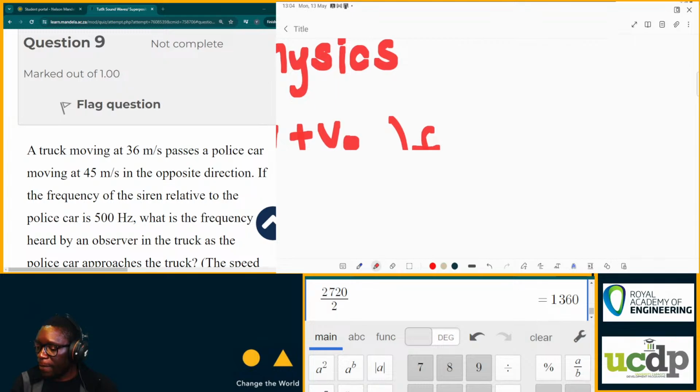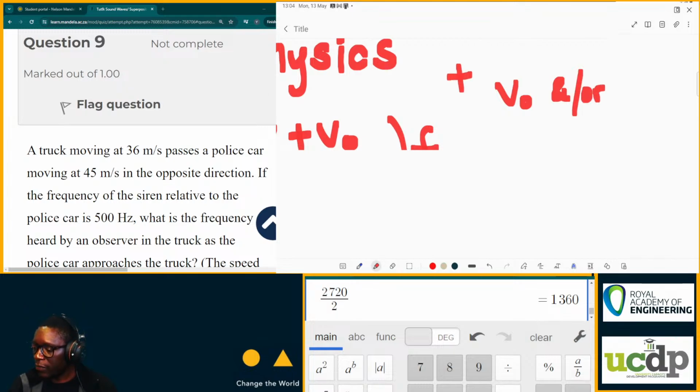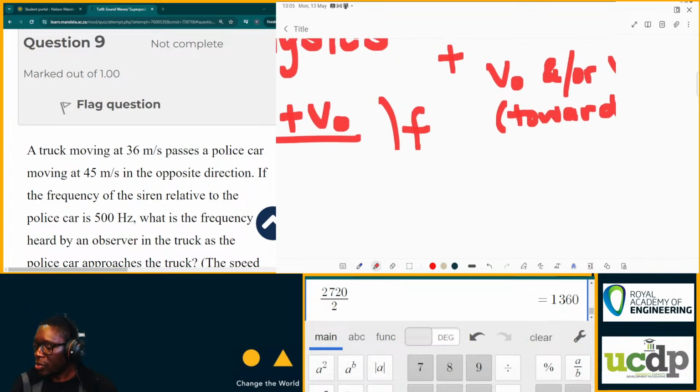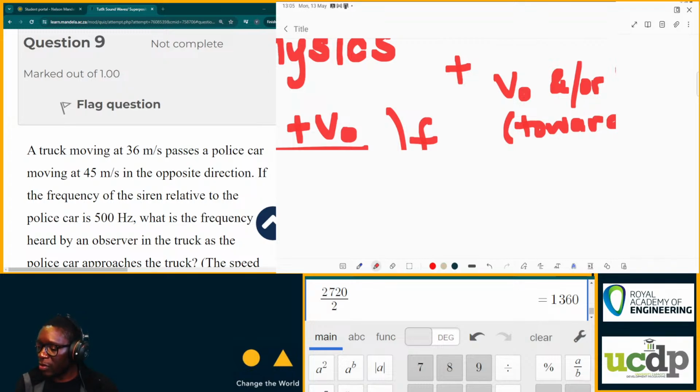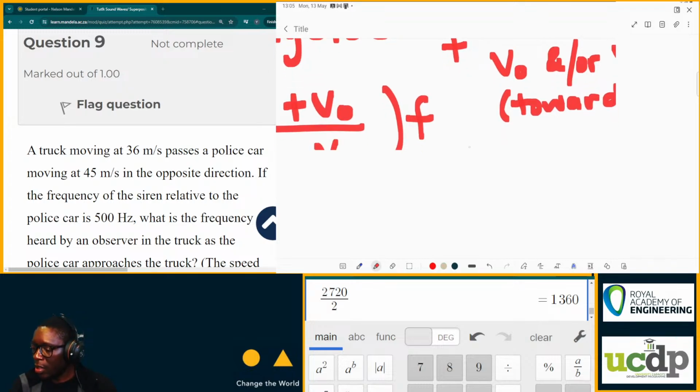If the values of Vo and/or Vs are positive, it means they are moving towards each other, either the source moving towards the observer or the observer moving towards the source. If the values are negative for both Vo and/or Vs, then they are moving away from each other.